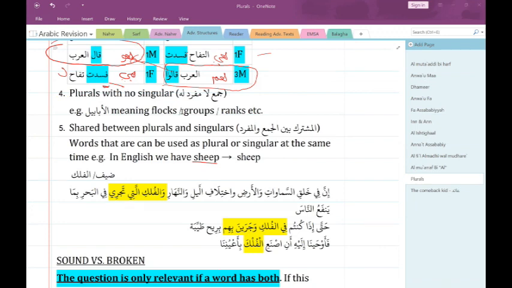For example, kafir is one disbeliever, and then you have kuffar, which are many disbelievers. So this is the broken plural of this. But if I have al-fulk, there's no singular version of it. It's just fulk. Fulk is one and fulk is many. It's an interesting word, isn't it?